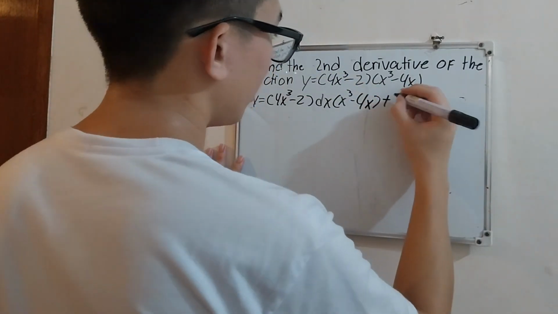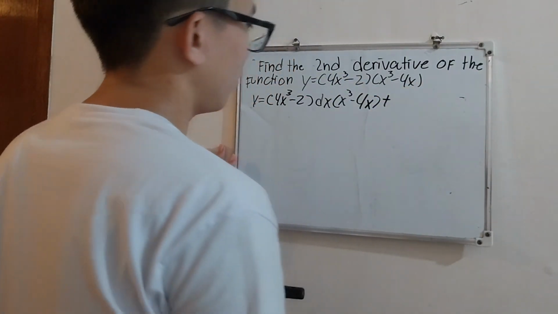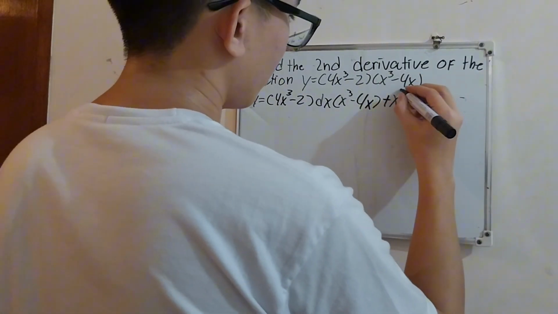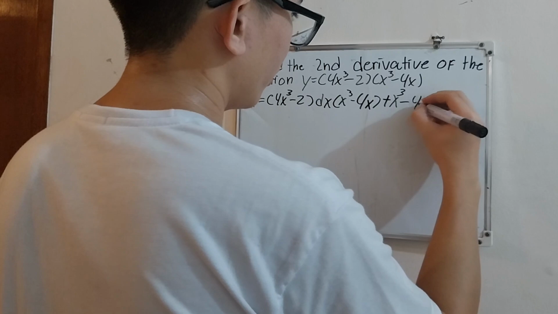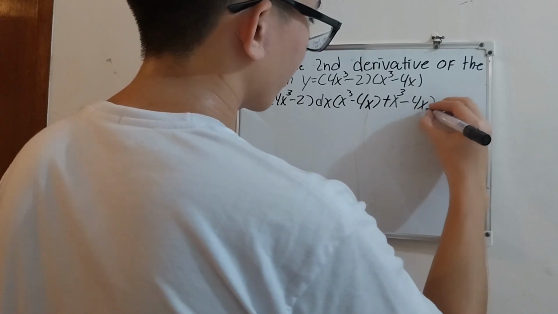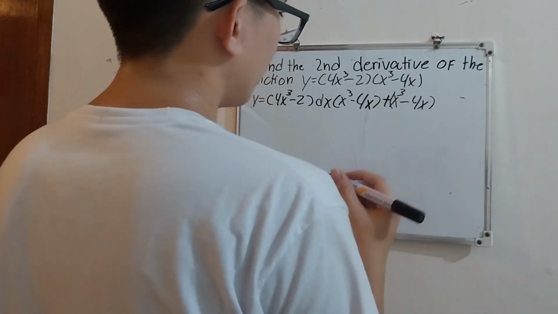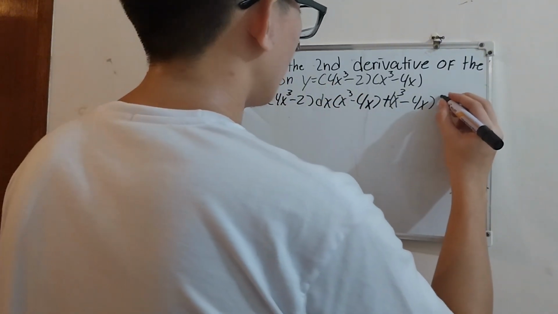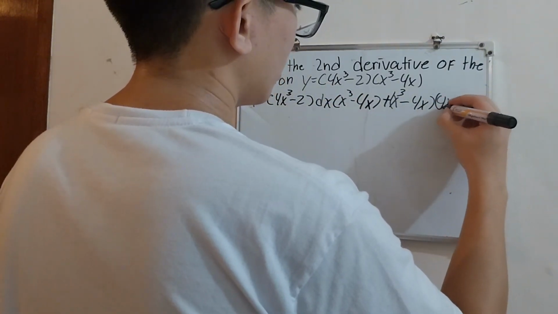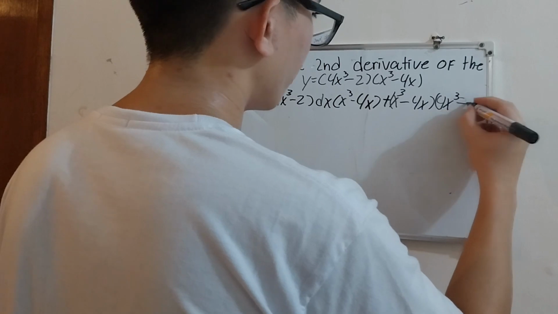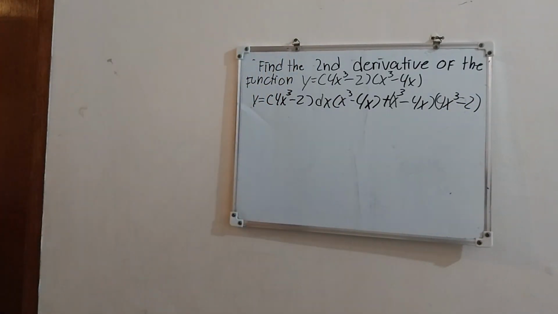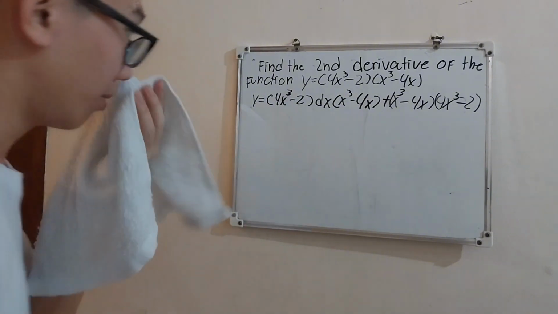Now we do the same thing on the other side, which is x cubed minus 4x. That will be our first function, and then our derivative of the other is 4x cubed minus 2.